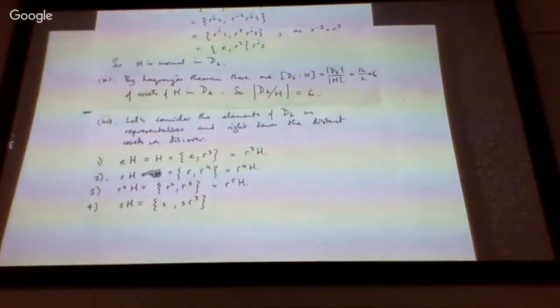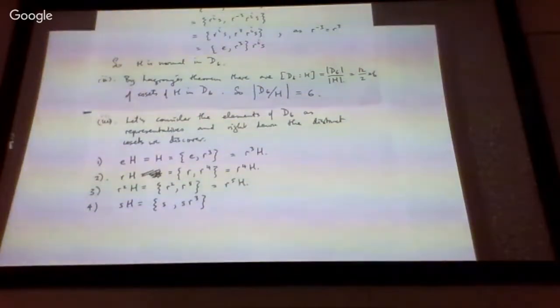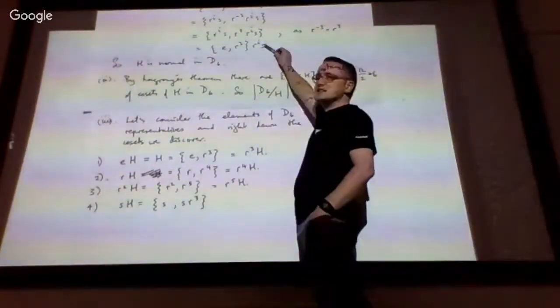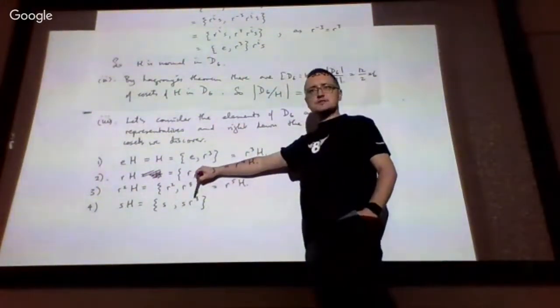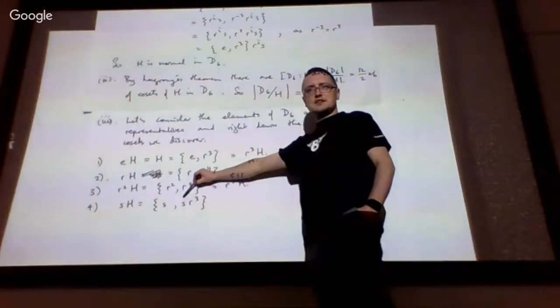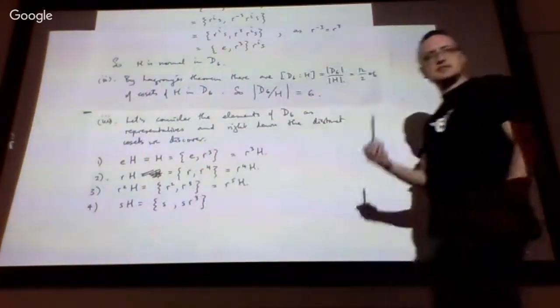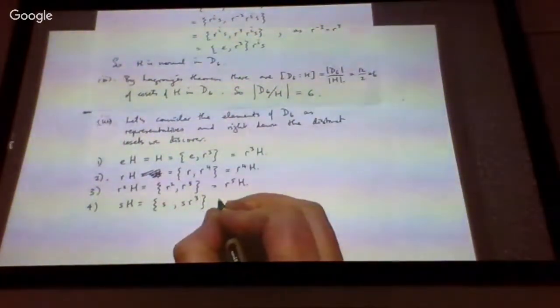Now, I maybe won't leave it like that, because remember the standard form for the elements described in the question was R to the I, S to the J. So that's not quite in standard form, because the rotations are on the wrong side. I want the rotations on the left and the reflection, if present, on the right.